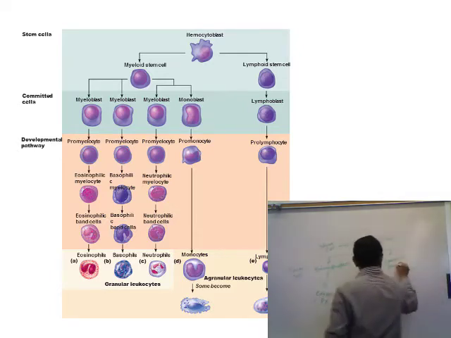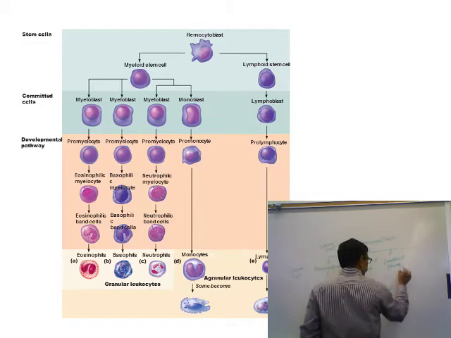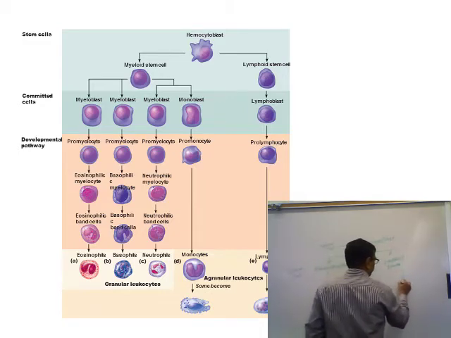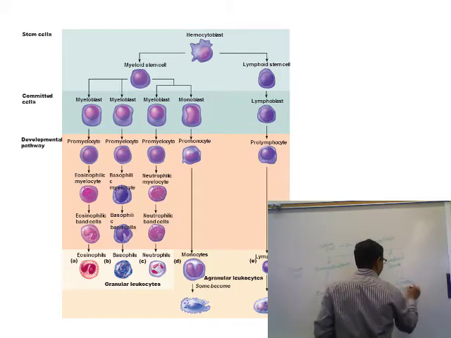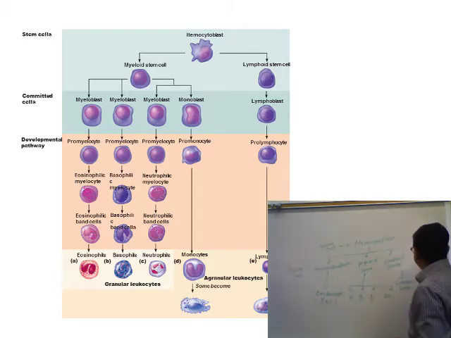Lymphoid stem cell produces only one type of white blood cell, lymphocyte. Okay, lymphocyte. And then megakaryocyte produces megakaryocyte that I have shown you a few minutes ago.